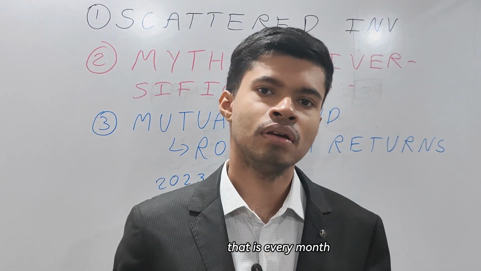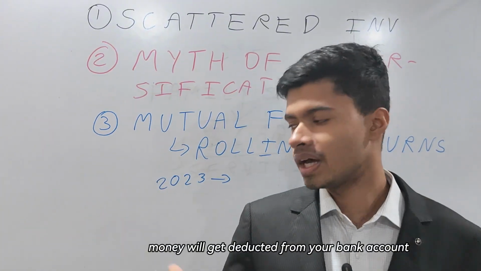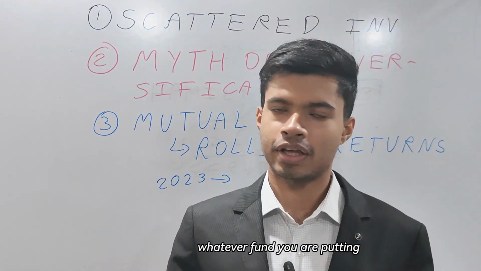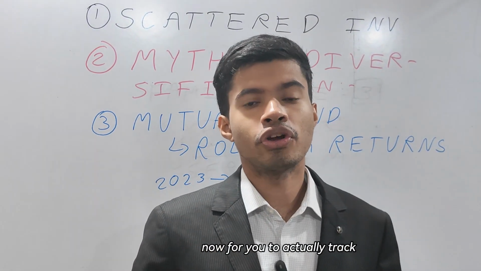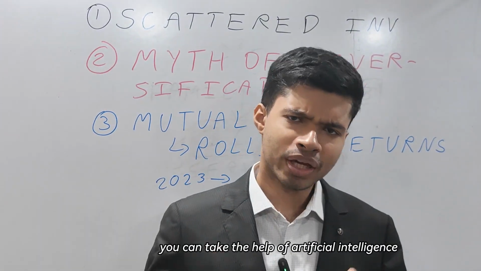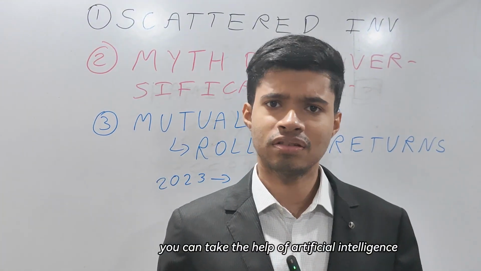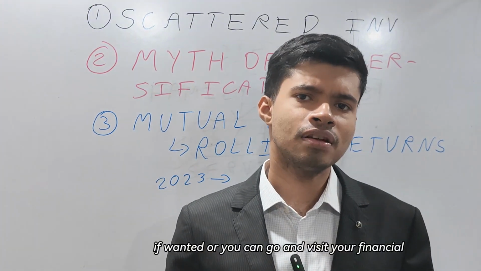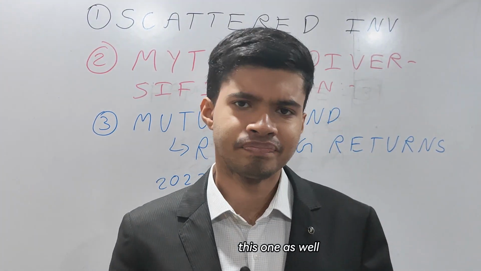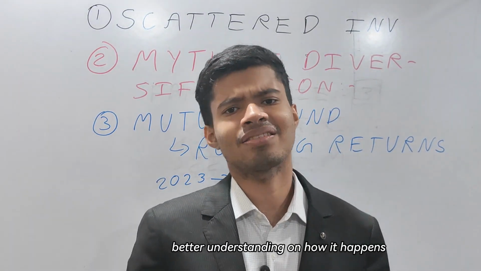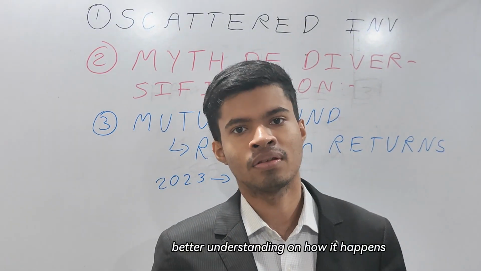That is, every month money will get deducted from your bank account and it will get credited to whatever fund you are putting it in. Now, for you to actually track if that fund has done well or not, you can take the help of artificial intelligence if wanted, or you can visit your financial advisor, who will give you a better understanding of how it happens.